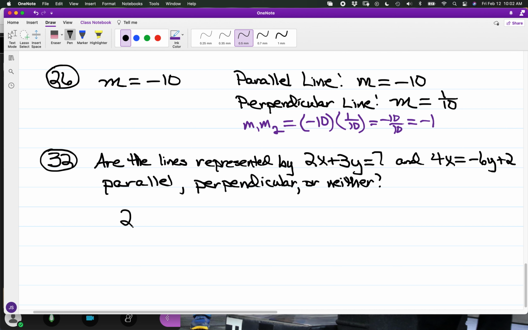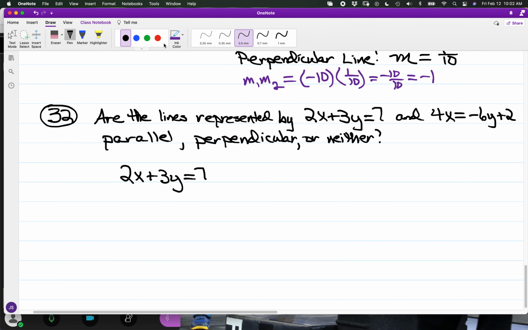So with the first line represented by 2x plus 3y is equal to 7, if I convert this equation to its slope-intercept form, we're going to have 3y is equal to -2x plus 7, and then division by 3.